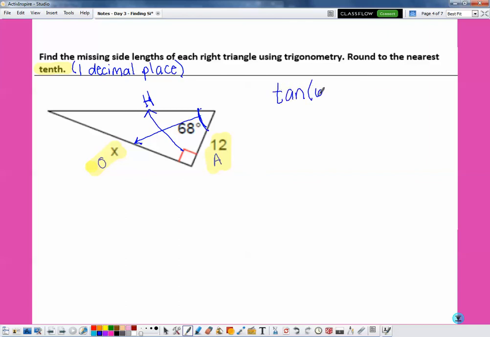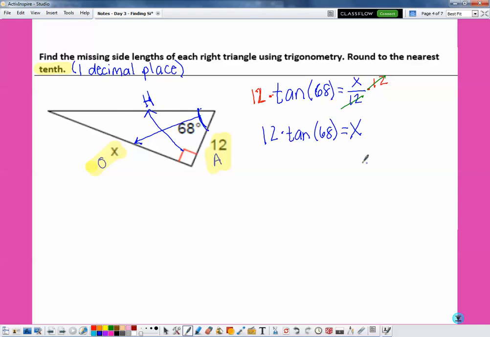Tangent of 68 equals x over 12. Opposite over adjacent. We need to get the 12 out of the denominator, so we multiply both sides by 12. We get that 12 times tangent 68 equals, the 12s would cancel out, equals x.